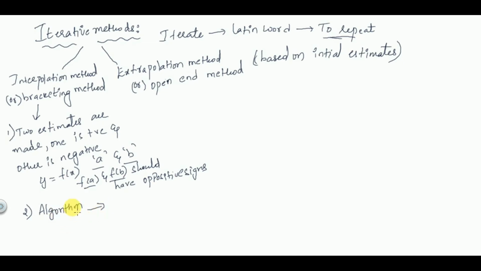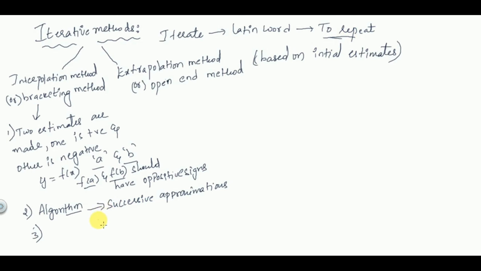So by using the algorithm, we are going to find successive approximations, and this iteration continues. It is because it is iterative, so it is to repeat.